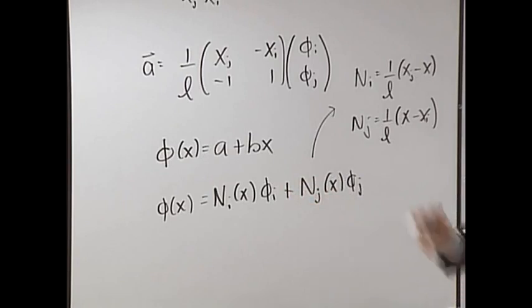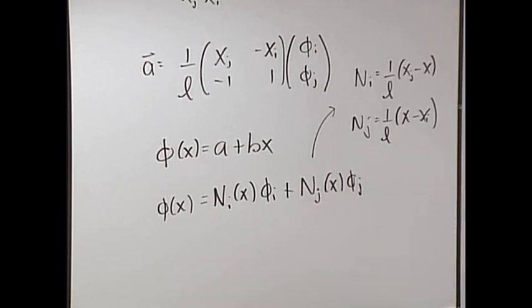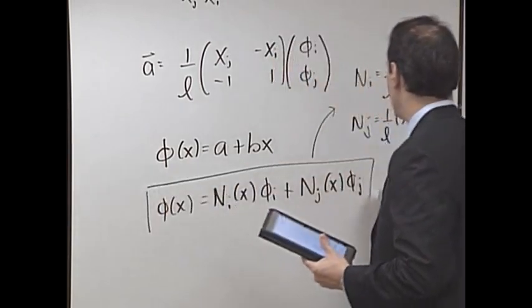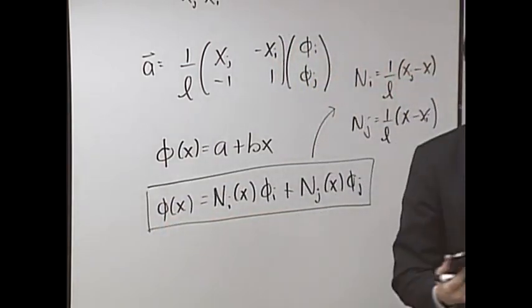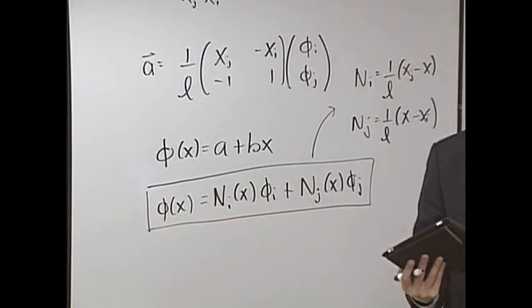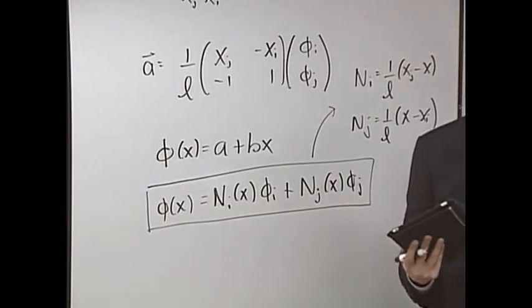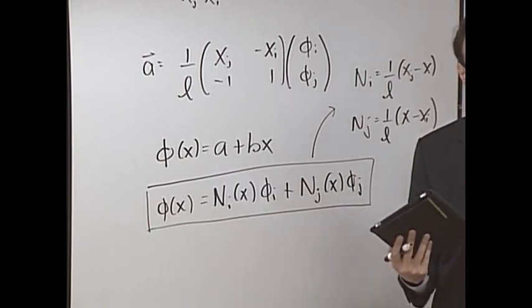Otherwise, I'd have to solve a 2 by 2 every time I do this. Here, I just write this down directly. So this is going to be my representation of the solution in 1D between points. It's a line. And if I know what the points are, I can give you all the other values in between. So that's 1D. That's a 1D simplex.